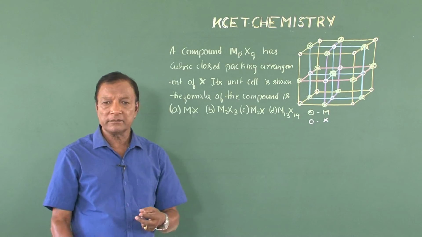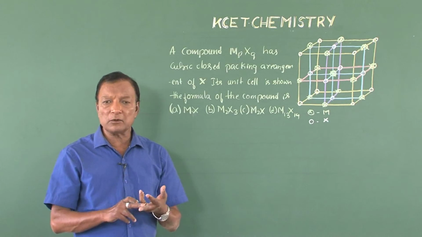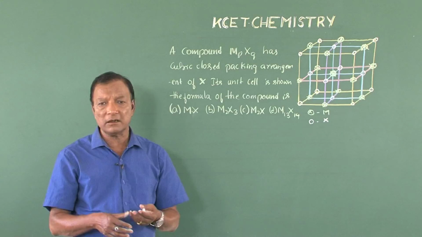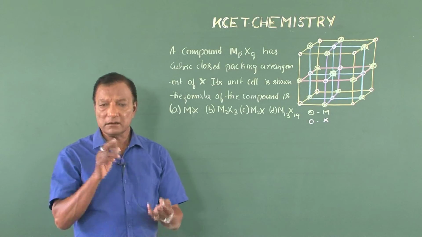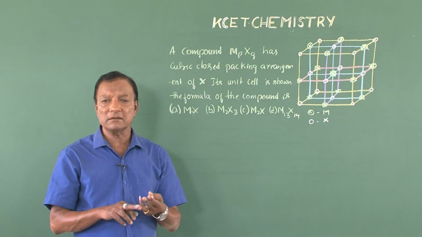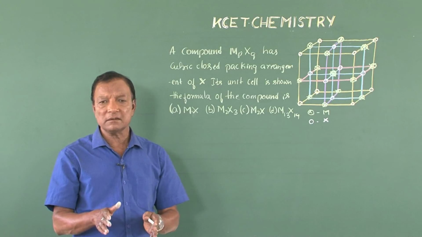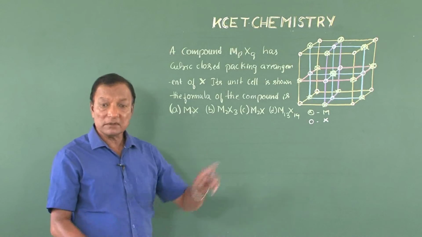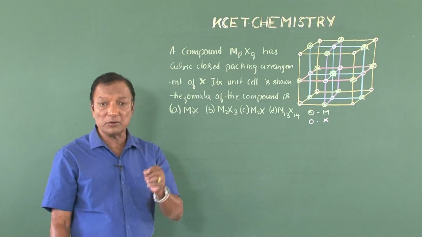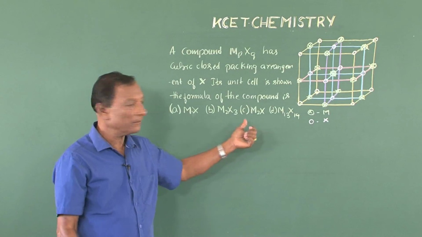Two things. CCP, that is the cubic close packing, has the face centered unit cell, and this face centered unit cell should have the corner points in the form of that particle which is going to develop this packing.